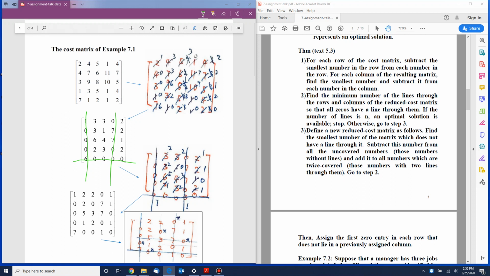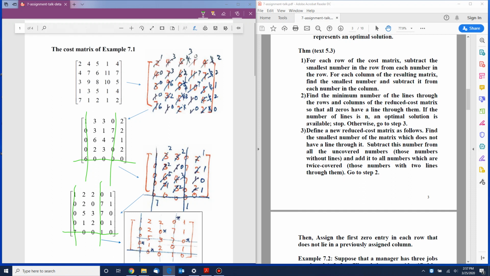Here, I cover this one, I cover this one here, and then for these 4 zeros, I could use 1 line to cover this, right? And then these two I have to use 2 lines to cover.